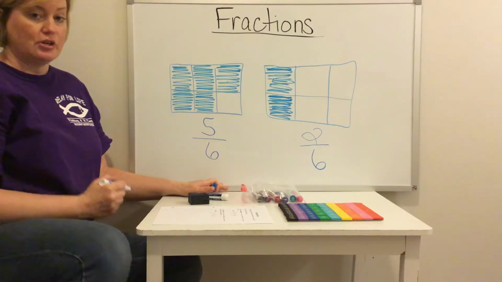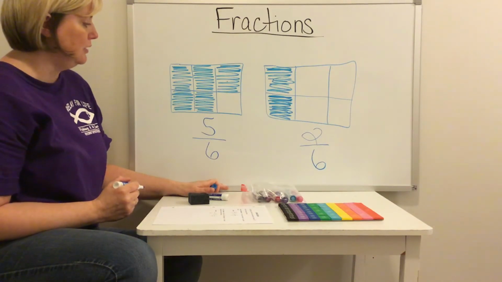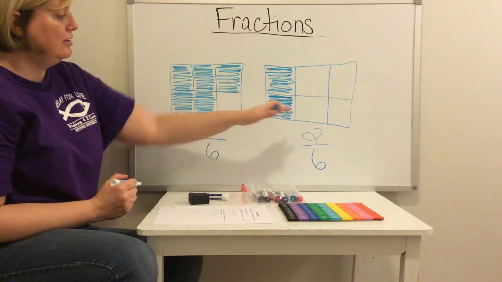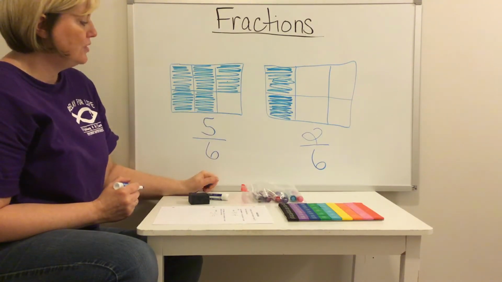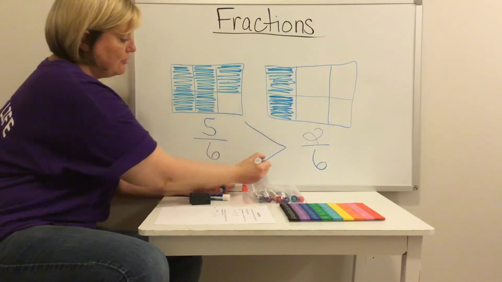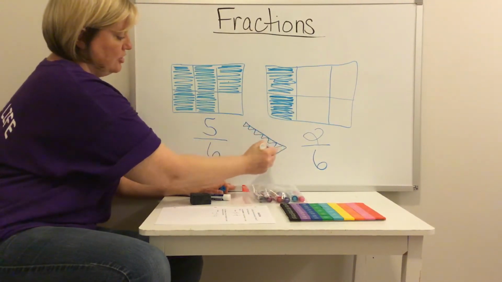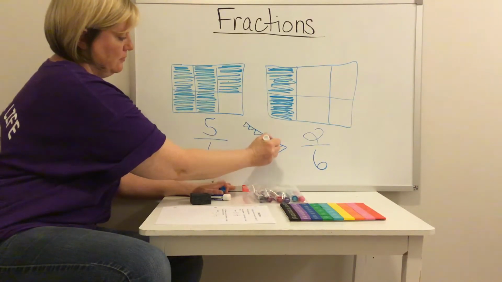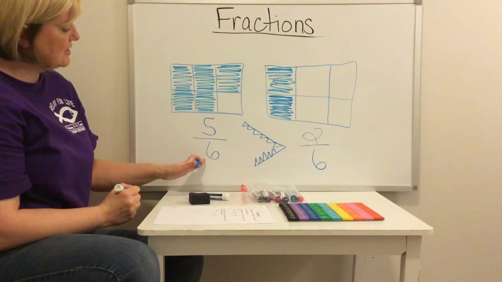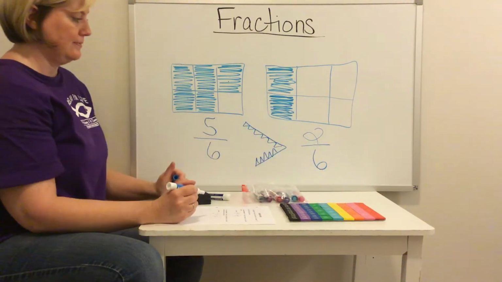So if I was comparing these with the greater than, less than, or equal to symbol, I can see that this one has more shaded area than that one does. So this is the bigger one. So I want my alligator's mouth to be opened up to the bigger fraction. I would read this as 5/6 is greater than 2/6. Okay?